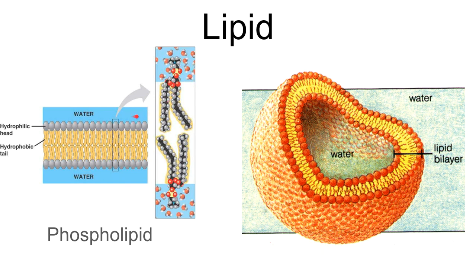So the water inside and outside of cells are attracted to the head part of these phospholipids, and that creates a barrier between the inside of something and the outside of something. And we often think about the cell membrane or the plasma membrane separating the outside of every single cell, but there are also membranes, lipid bilayers, inside around different organelles within our cells.